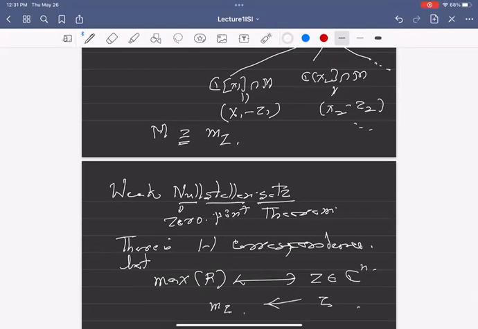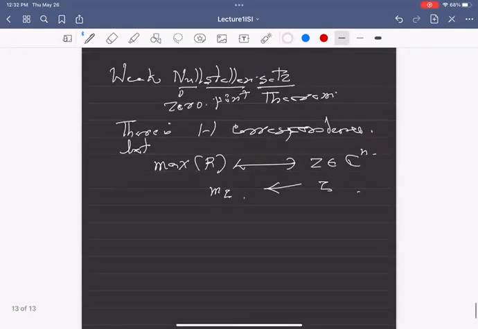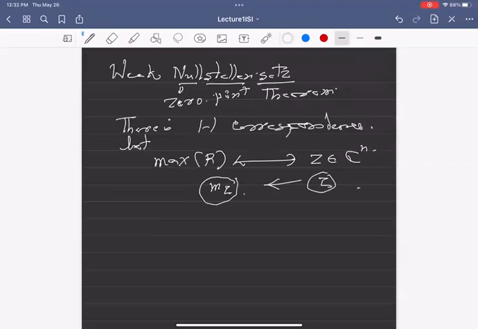You can check very easily that if z1 and z2 are two n-tuples that are distinct, then Mz1 and Mz2 are distinct. Distinct points will go to distinct maximal ideals. That's an exercise for you.